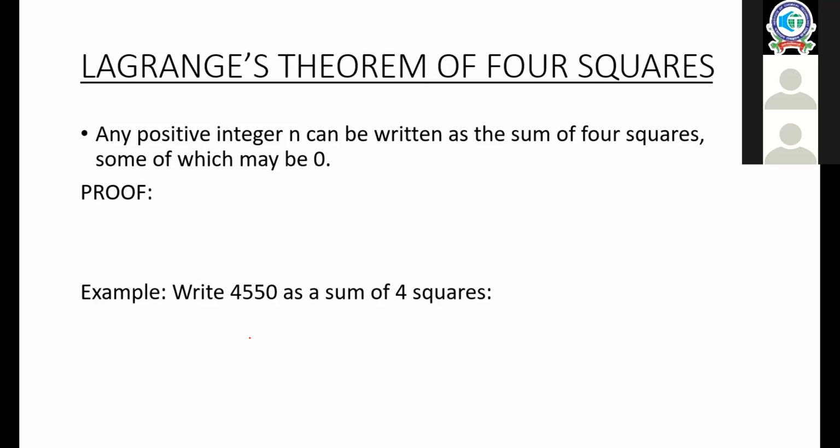But n can have more than 2 prime factors, so we can repeatedly apply Euler's identity. And we just proved that every prime can be written as a sum of 4 squares. Combining these two results, we have the proof of the theorem.